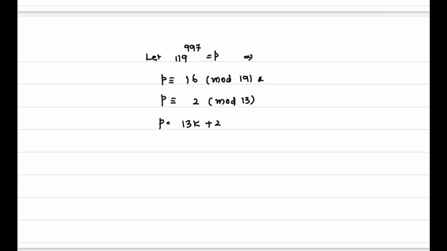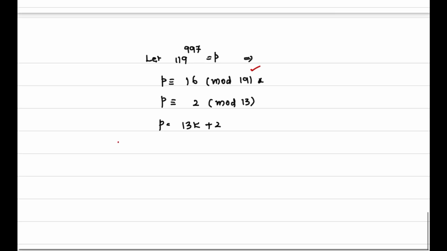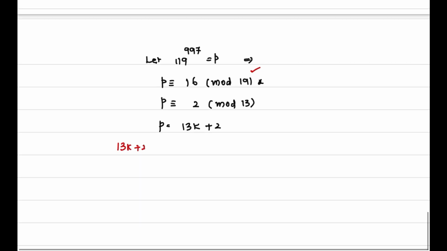So p is equal to 13k plus 2. We put this 13k plus 2 in the other equation. What happens? 13k plus 2 is equivalent to 16 mod 19.